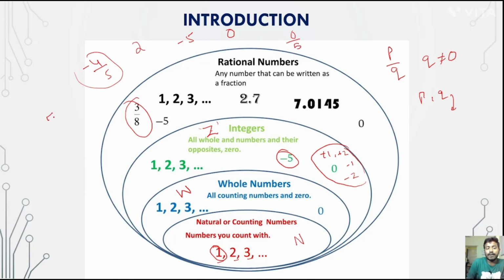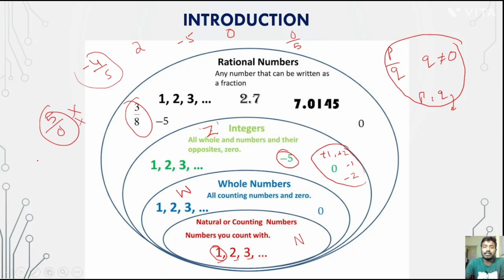But 5 divided by 0 is not a rational number because the condition is not satisfied. A rational number is in the form p by q, but q is not equal to 0, and here q is equal to 0, so it is not a rational number.